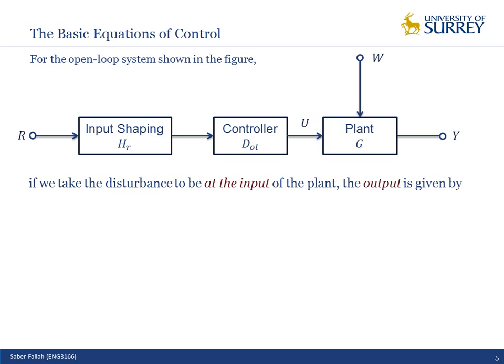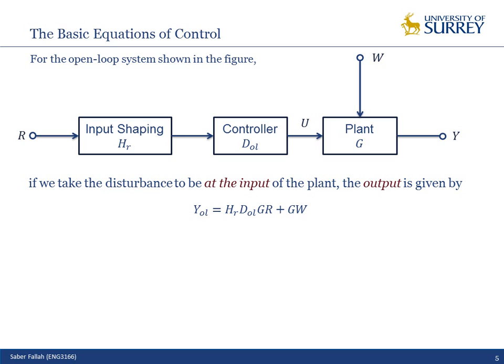If I consider the disturbance as the input to the plant, the output will be in this form. Why? What's the summation for? How can I get to this? How can I calculate my open loop output?